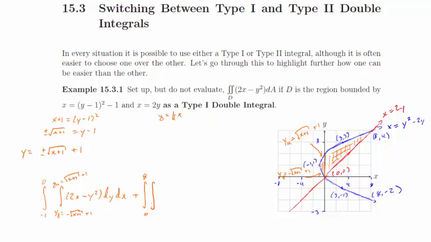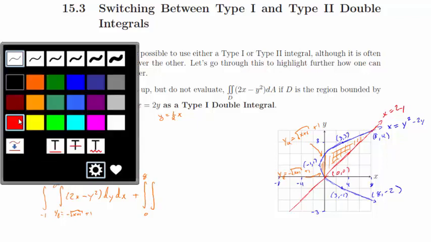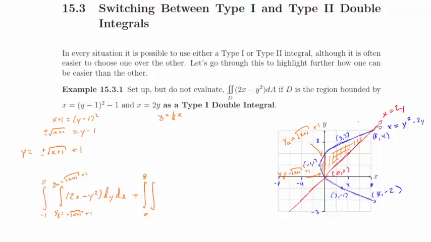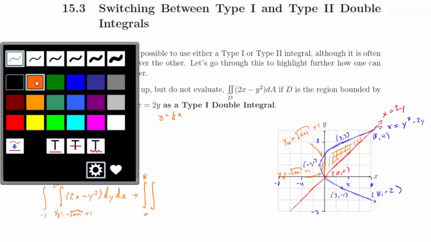And now we need to find our lower and upper boundaries for y. Now part of this we've already done. My upper boundary for y here, I'll stick with orange.